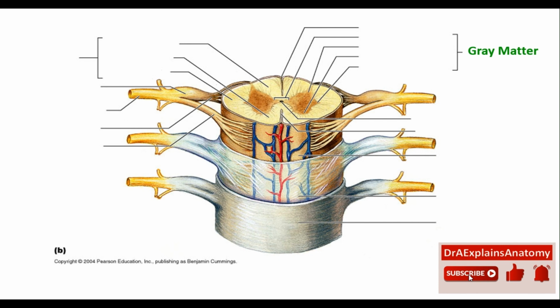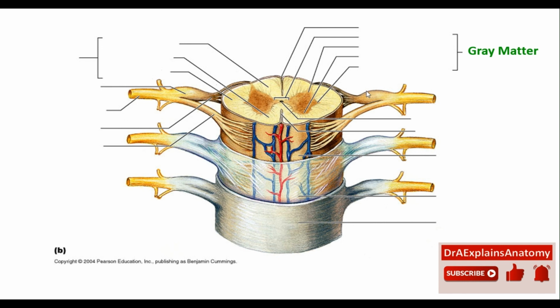Keep in mind that dorsal means posterior, whereas ventral means anterior. I chose this structure right here. It looks like a bulge. This structure is only found on the posterior aspect of the spinal cord.